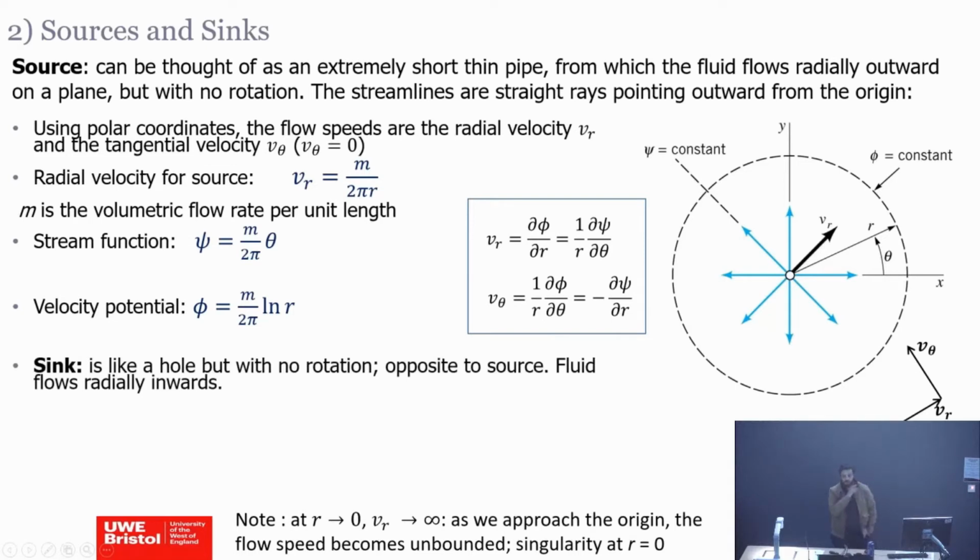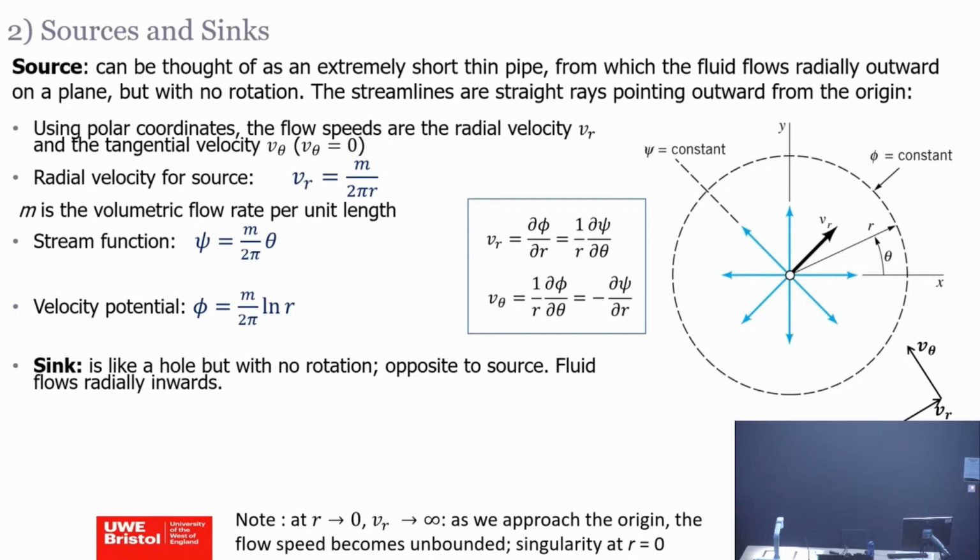Now this is a source. A sink, you'll be pleased to know, is just the opposite of a source. So instead of the flow going outwards, it goes radially inwards. Very good. Just think of it like a small black hole for fluids, sucking everything in, but radially inwards. All we need to do is put a minus sign in all the equations we have seen.